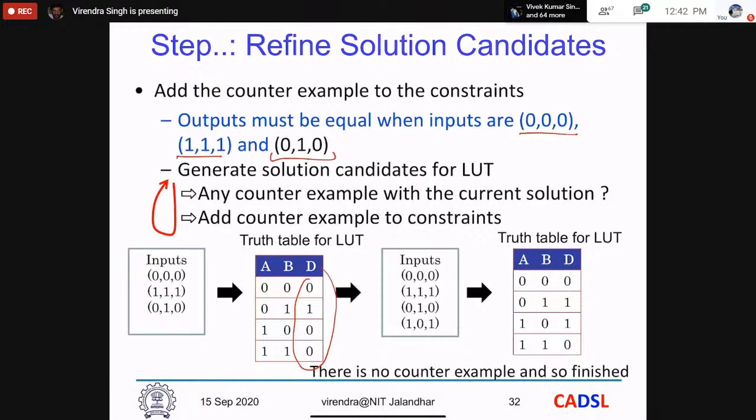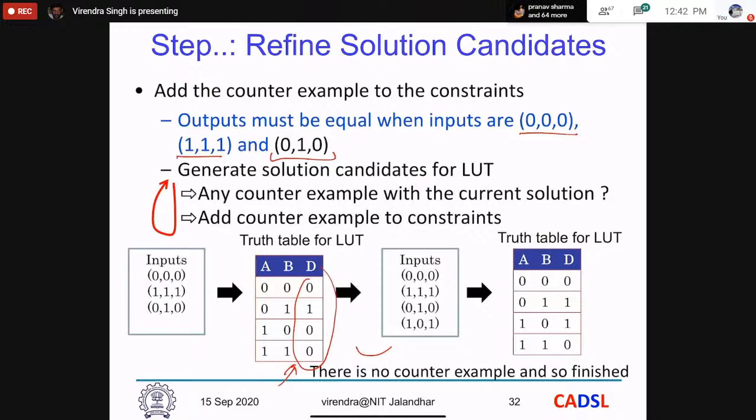Right? So it will generate a counter configuration. Now I did this. Again, I will do this recursively. Oh yeah, now this satisfies all three. Then I will go to the next.